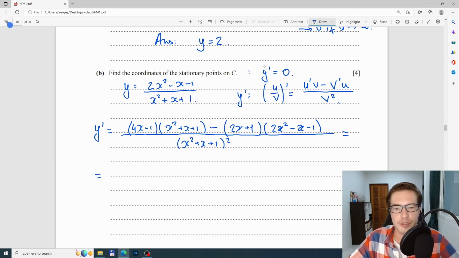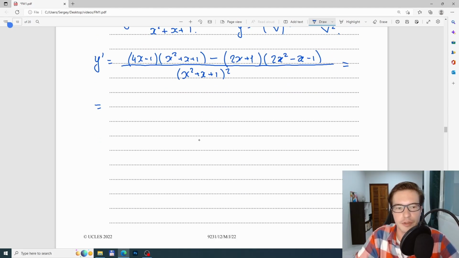Alright, now it's time to simplify. Expand the brackets: 4x cubed plus 4x squared plus 4x minus x squared minus x minus 1. Again, minus.